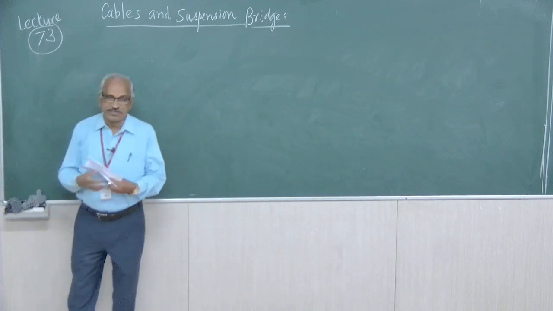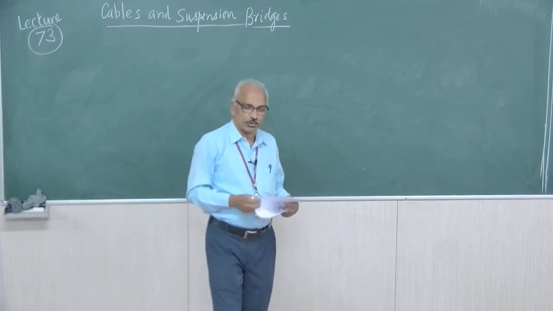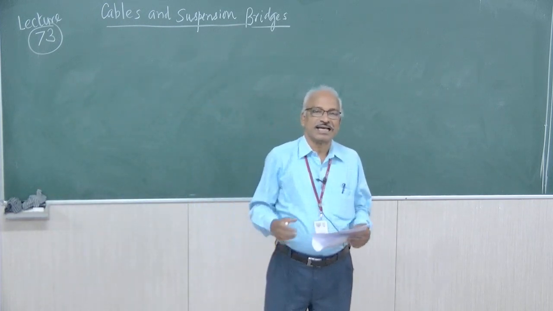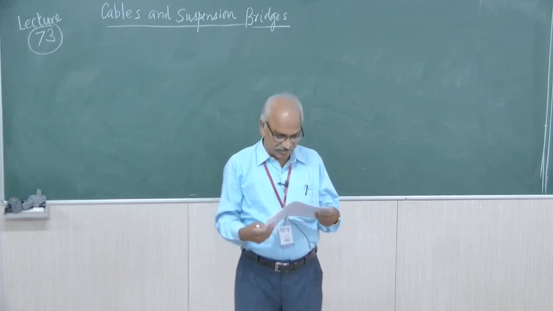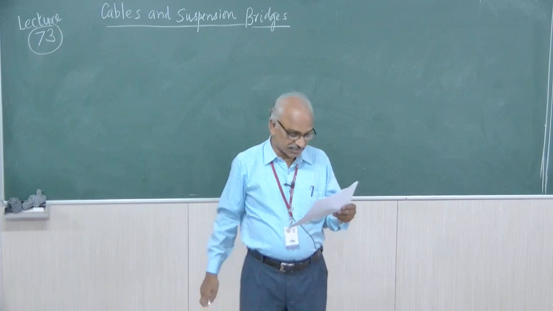So, for the benefit of the viewers, I want to do one more small problem on cables with the supports at different levels. I will read the problem and then draw the sketch.